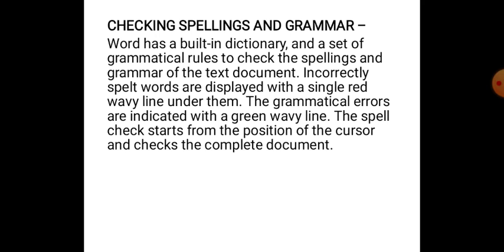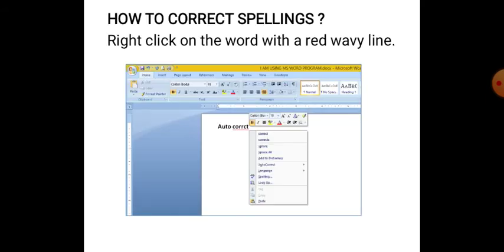If MS Word finds spelling mistakes, it shows a red wavy line under the word. If it finds any grammatical error, it shows a green wavy line below the line. In that case we will use the spelling and grammar checker to check and correct our grammatical and spelling errors.